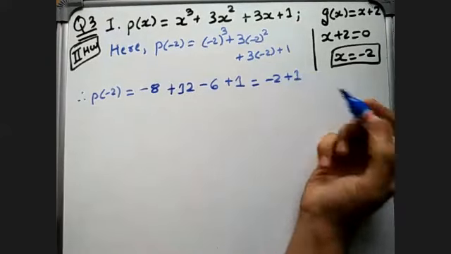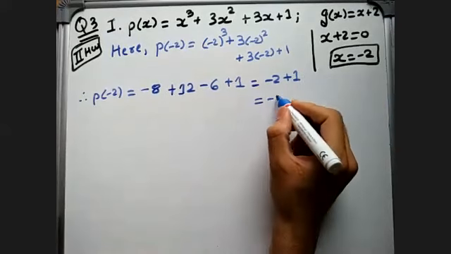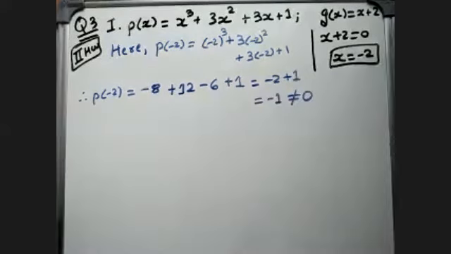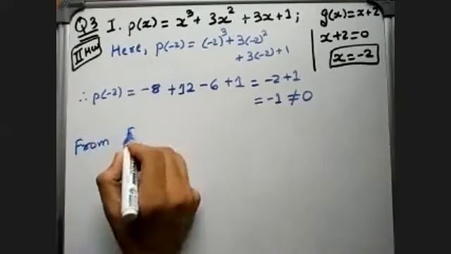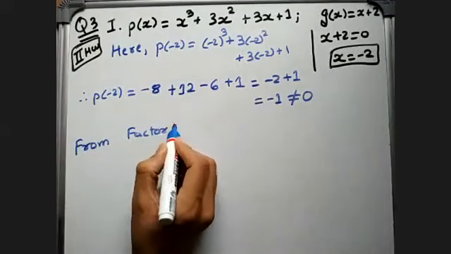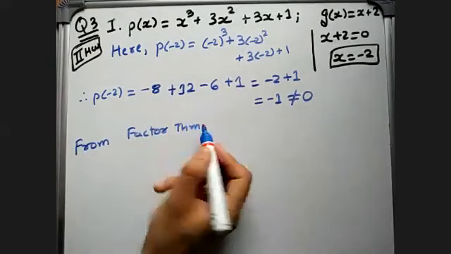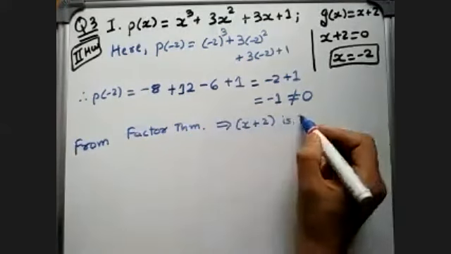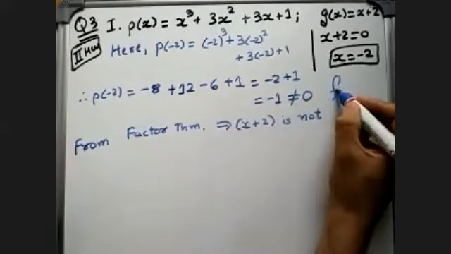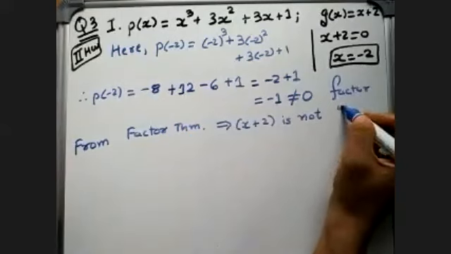My final answer is -1, which is not equal to 0. So since here p of -2 is not equal to 0, from the factor theorem, I can say that x plus 2 is not a factor of p of x.